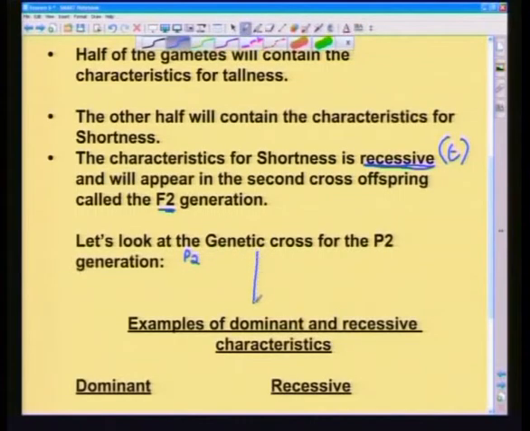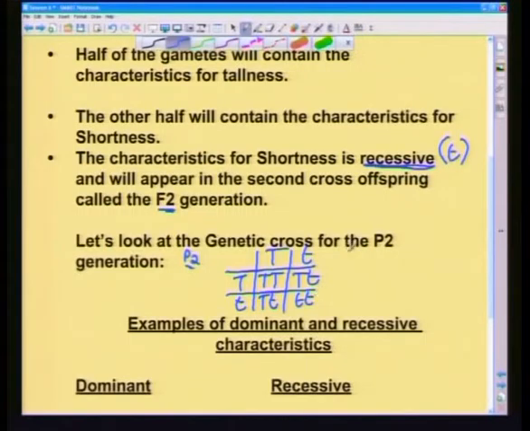All right, people, let's look at the P2 generation. So we're looking at P2, and here we are going to have heterozygous plants, because remember, these are the offspring from P1. So our F1 generation now becomes P2. And here we're going to have homozygous dominant, heterozygous, another heterozygous, and homozygous recessive.